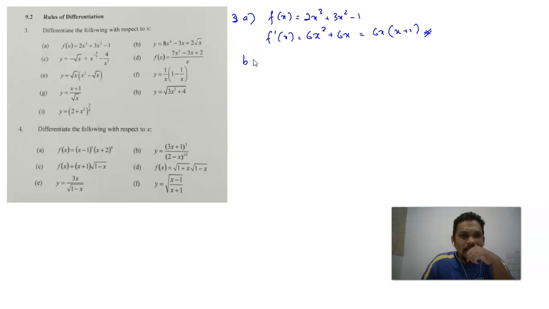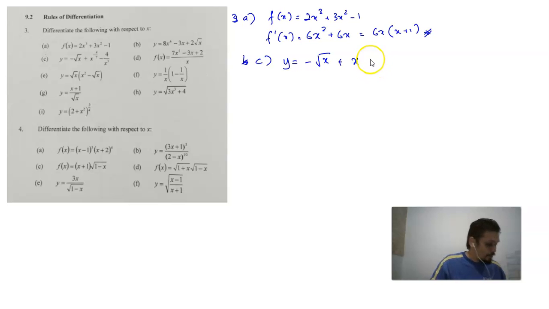Okay, I don't think I'm going to discuss all the questions one by one, but let's see which example is a little bit different from others. Let's say C. Okay, question C, y equal to negative square root of x plus x to the power of negative 4 over 7 minus 4 divided by x cubed.